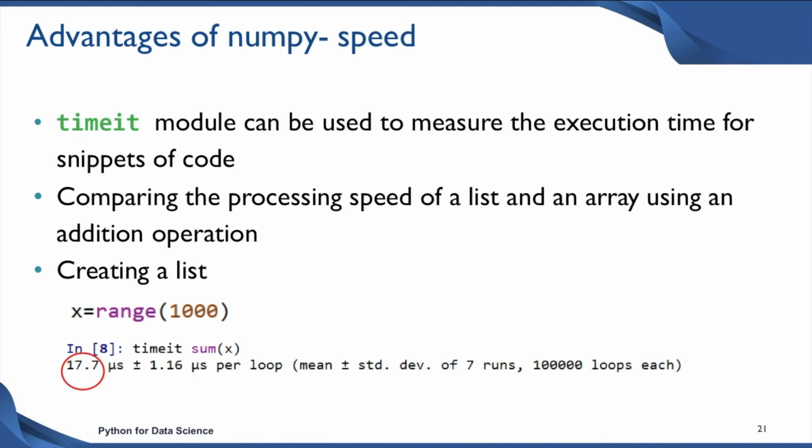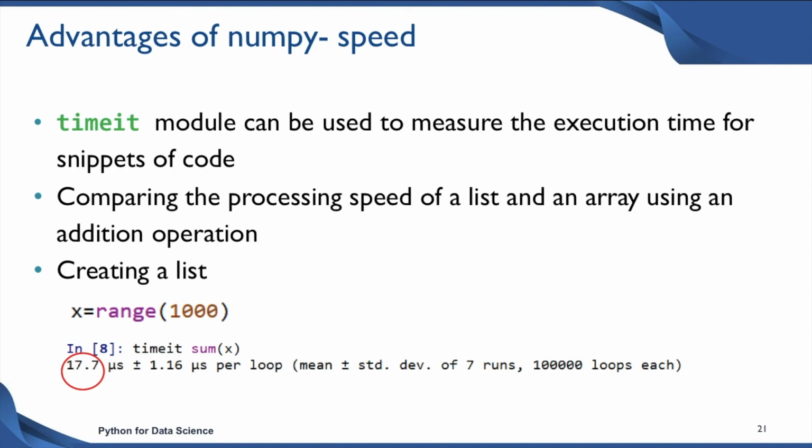Then we can practically prove why NumPy is faster than Python lists. There is a module in Python called timeit. It can be used to measure the execution time of your code. You write your code and want to check how much time it took to execute.